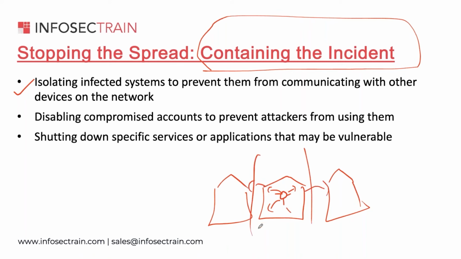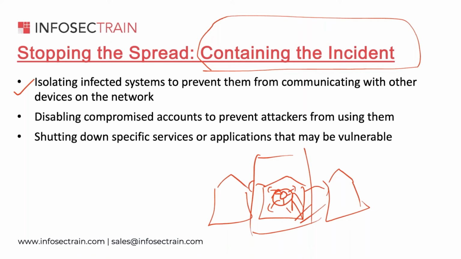So first I will try to isolate this subnet, then isolate this machine. I want to stop the spread of this malware, so I'm isolating the infected systems so they can't communicate with other devices.